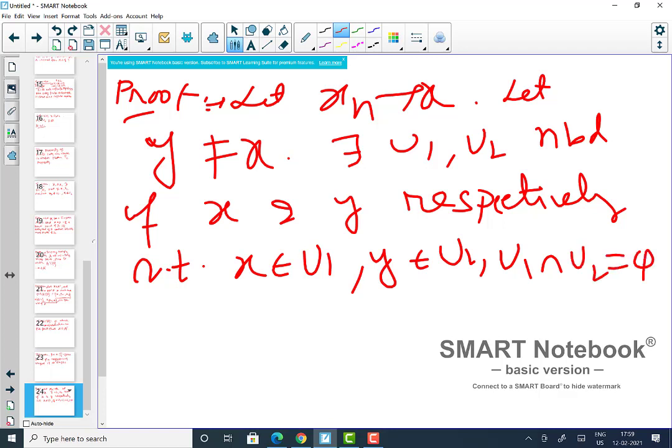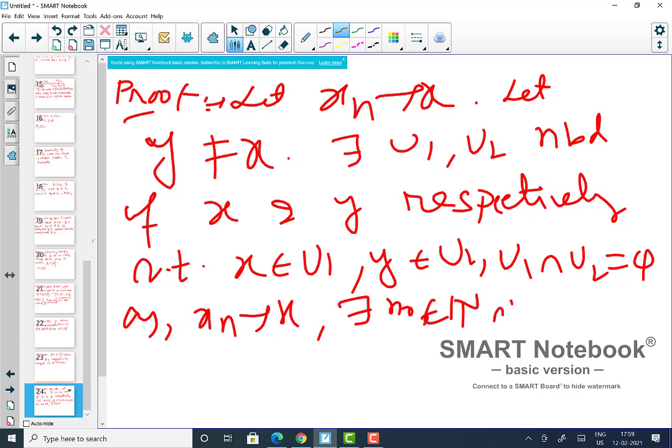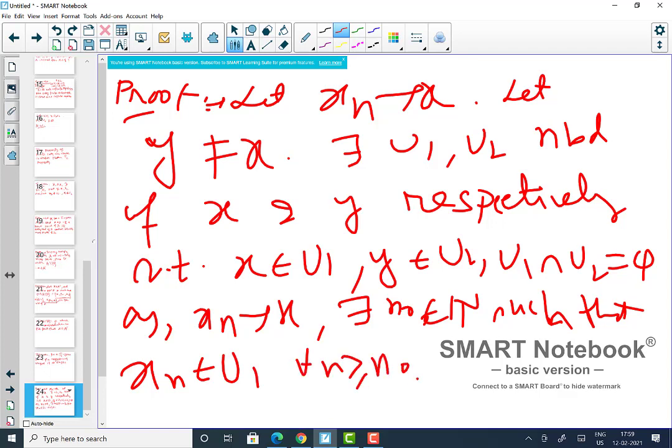As xn converges to x, there exists some natural number n naught such that xn belongs to U1 for all n greater than or equal to n naught, by definition. So what does that mean? At most finitely many terms can be outside U1; everything else is inside U1.